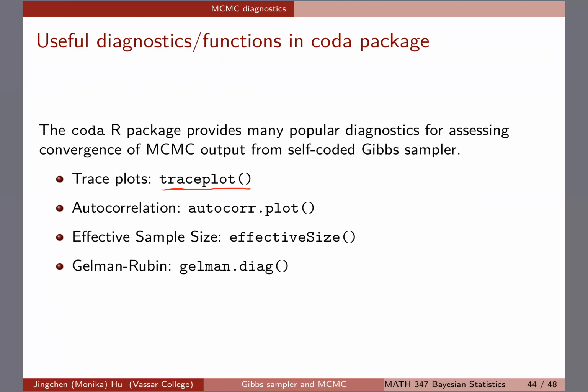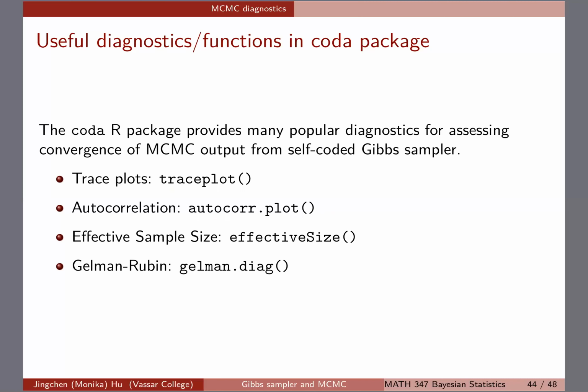And autocorr.plot gives the autocorrelation function. The effective size function gets the effective sample size. And lastly, the Gelman-Rubin diagnostic that we talked about, you'll be able to get it from this command.